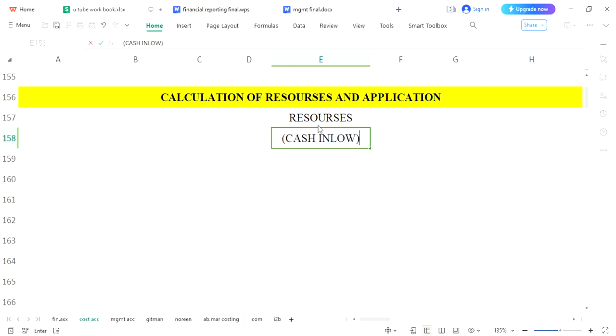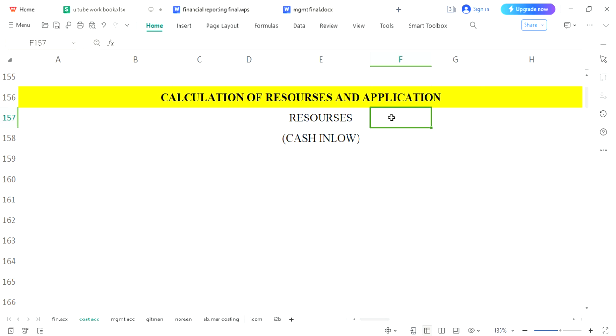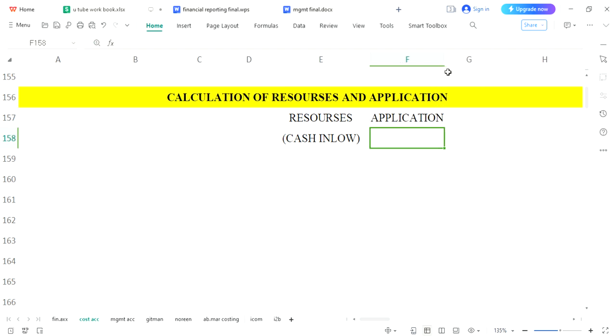On the other hand, you have application, and application means how much cash you have paid, or cash outflow. Here you will write outflow and inflow.